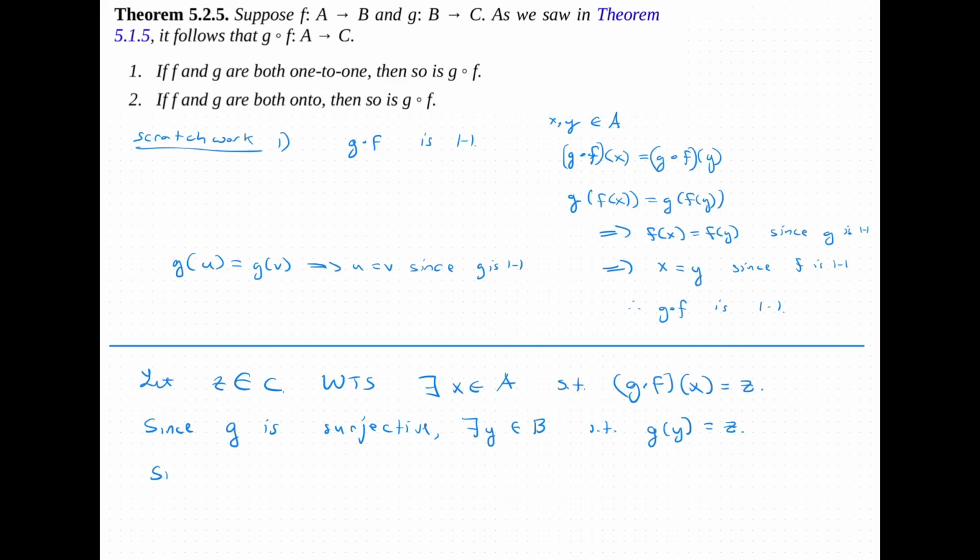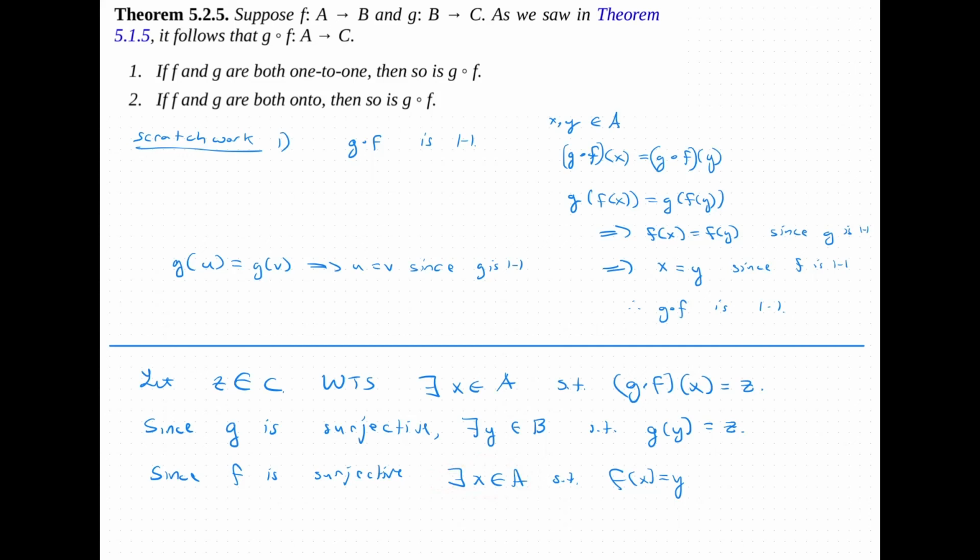Similarly, since f is surjective, we can find some x in A such that f of x maps to y. Because we know our y is in B, and f being surjective tells us that every element in B has an element in A that maps to it. So we have that existence of some x.